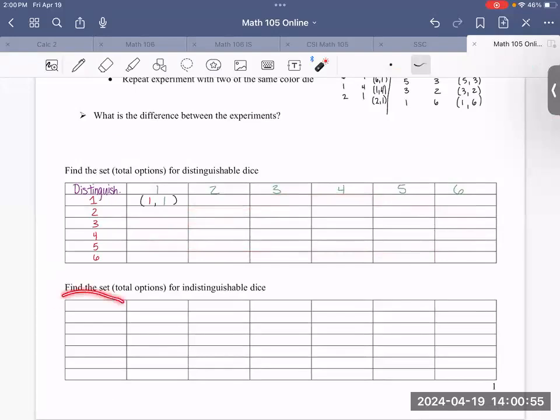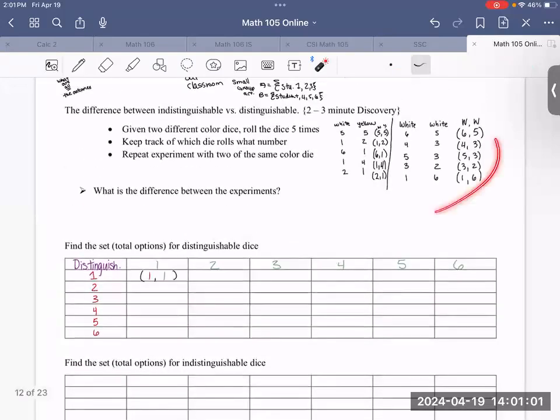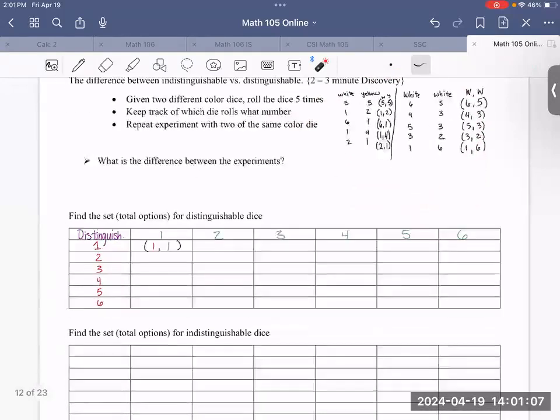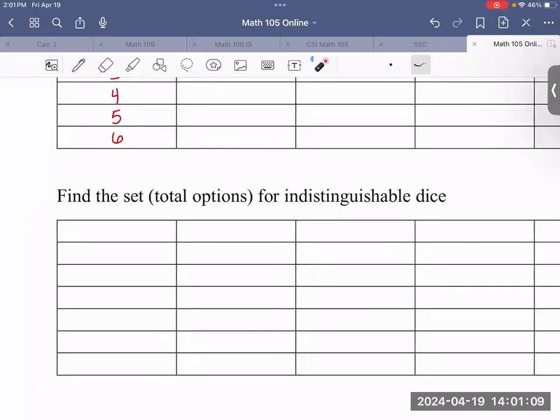And then repeat with your indistinguishable. Now, there should be a difference based on the context of what we just came up with for your experiment, why these are so different. Doing it again with the distinguishable dice.